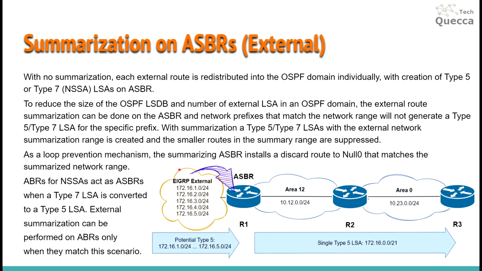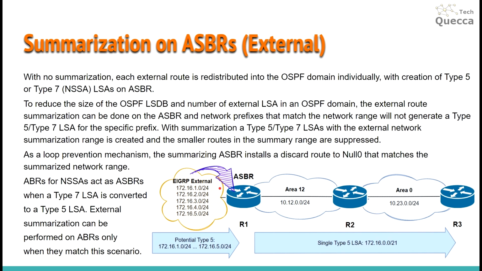For example, we have our small topology with router R1, which has OSPF and EIGRP, and redistributes these 5 subnets into the OSPF. If there is no summarization configured on ASBR, these 5 routes potentially create 5 type 5 LSAs, which then are going to be sent into area 12 and then further into areas in the OSPF domain.